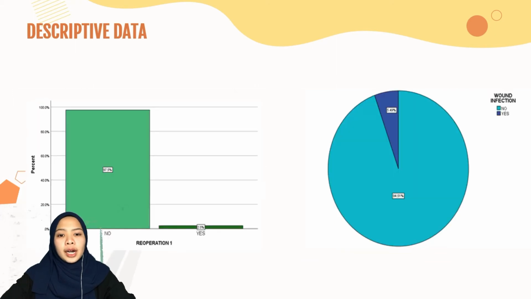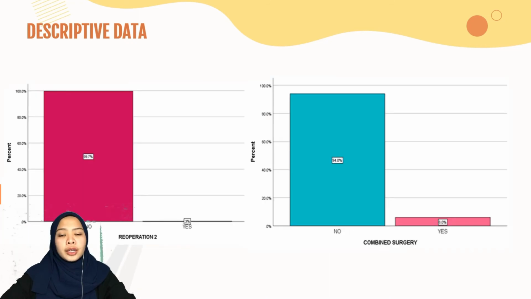Furthermore, there are only 126 patients who underwent first reoperation and 281 patients had one infection after CABG surgery. Also, only 15 patients underwent second reoperation and almost 6% of patients underwent combined surgery.